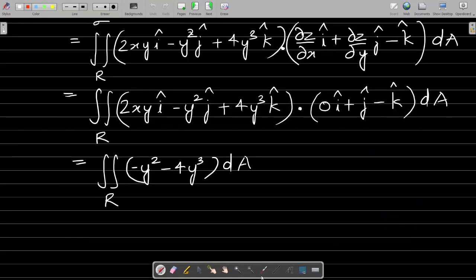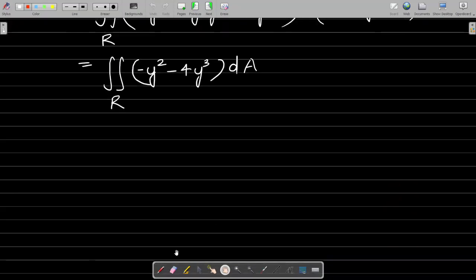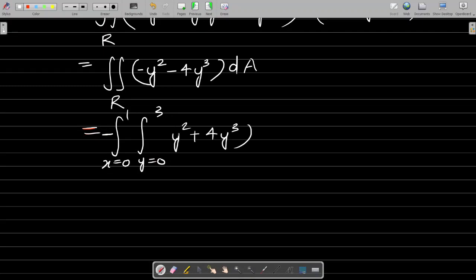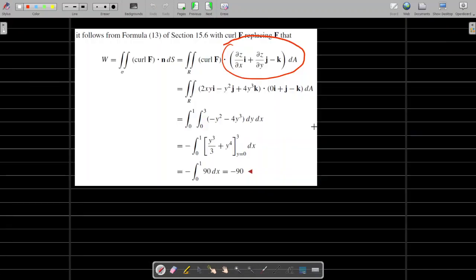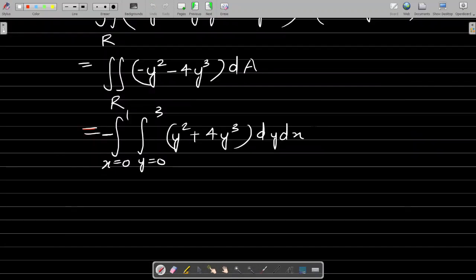So this is equal to x equal to 0 to 1, y equal to 0 to 3. Negative sign I'll keep it outside. y square plus 4 into y cube dy dx.